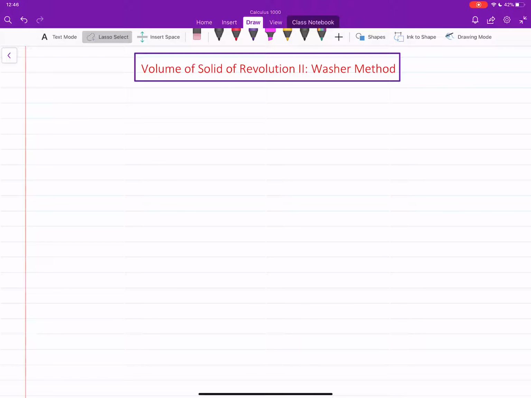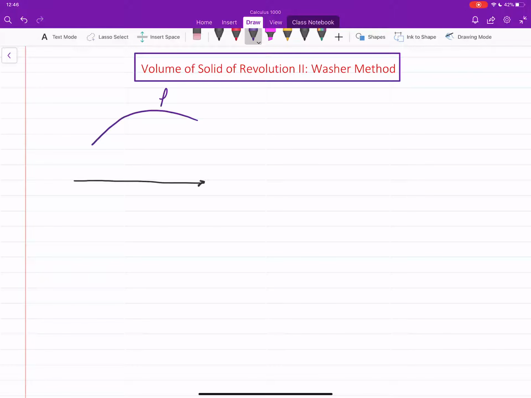Hi, in this video we will find the volume of a solid of revolution when the region to be rotated is the region between the graphs of two positive functions. Okay, so here we are going to have two functions, positive and continuous.